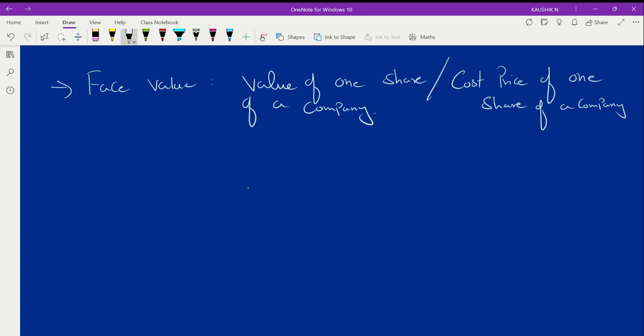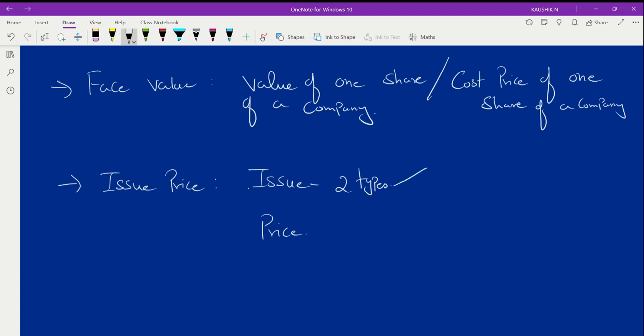Now there is something called issue price. I am going to split this into two. It is one term, but I want you to understand how it works. Issue can be of two types.